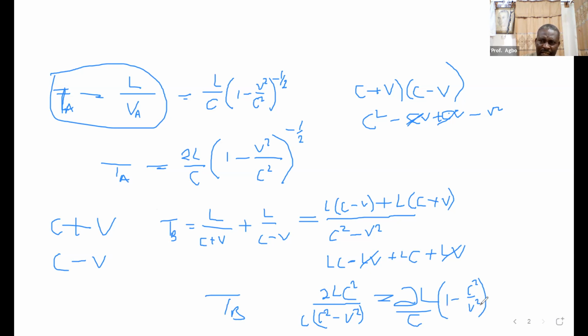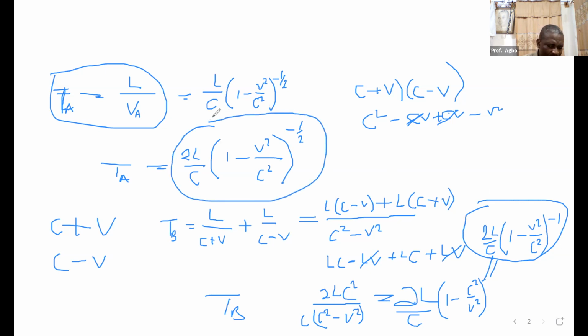So we see that our T is 2L over C into 1 minus V squared over C squared. Instead of being raised to power 1 here, it's going to be raised to power minus 1 because it's an index now. So if you look at our TB and our TA.